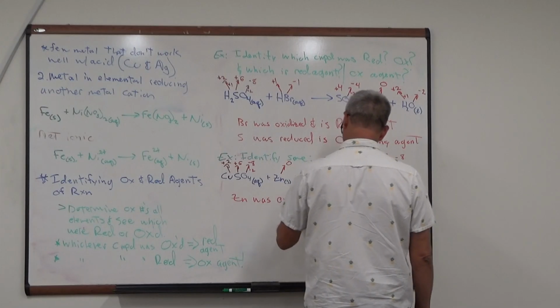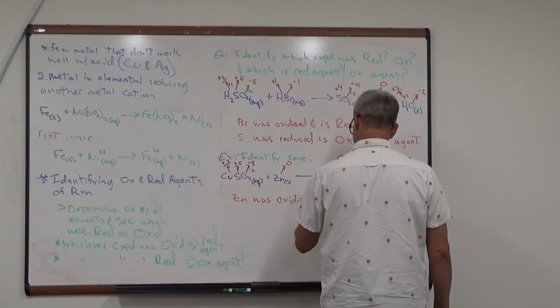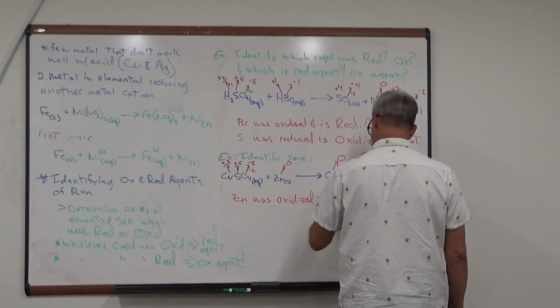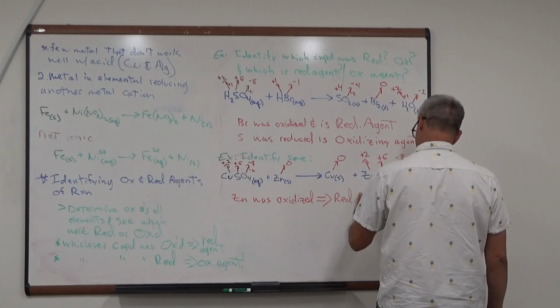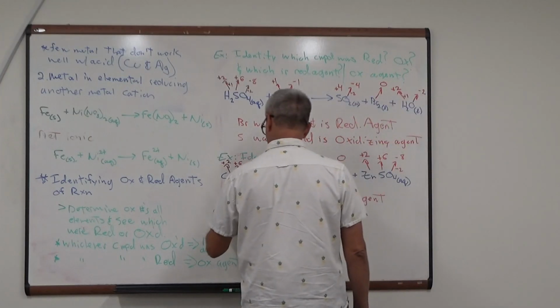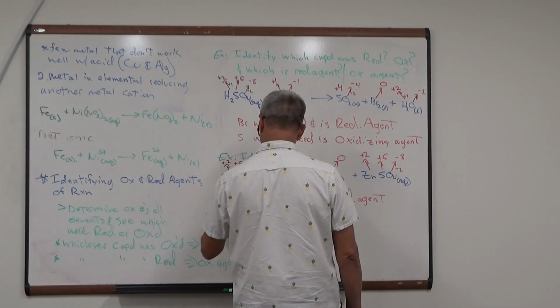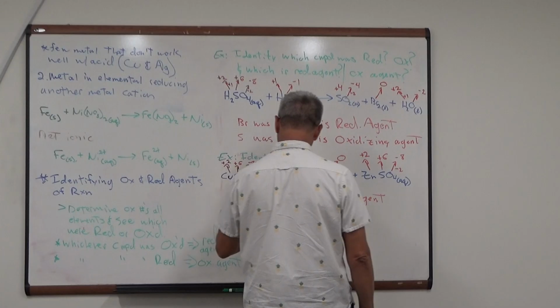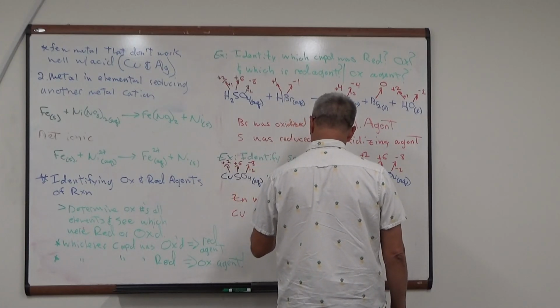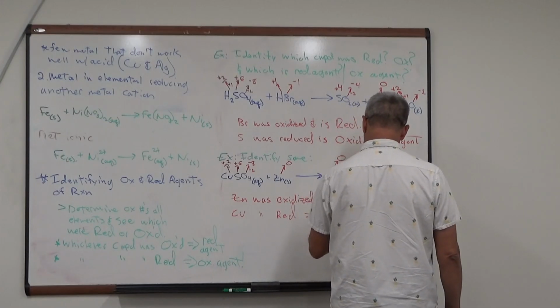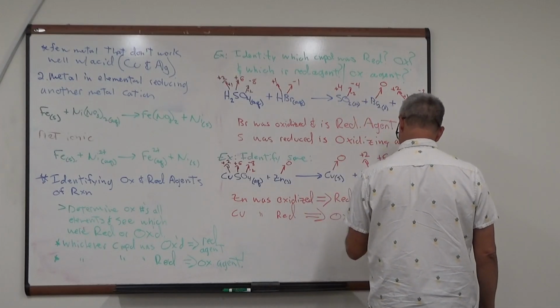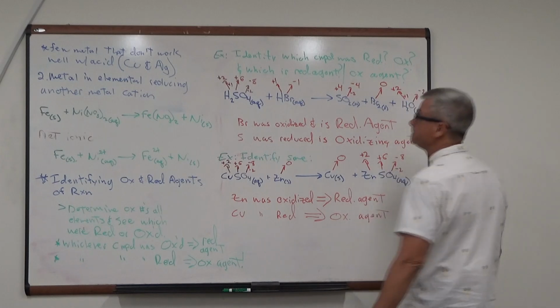Okay, lost electrons, and thus was the reducing agent. Okay, and then copper was reduced, okay, and is the oxidizing agent. Okay.